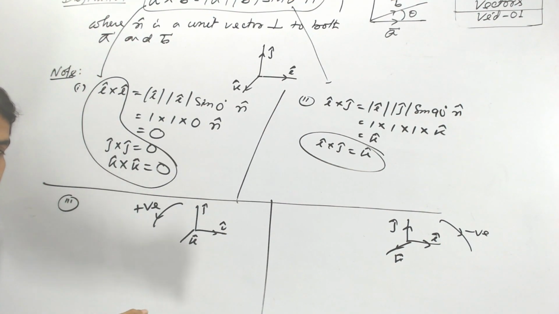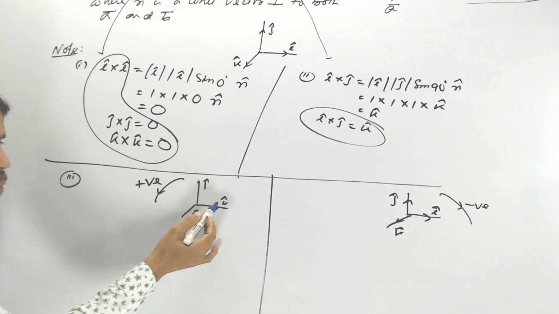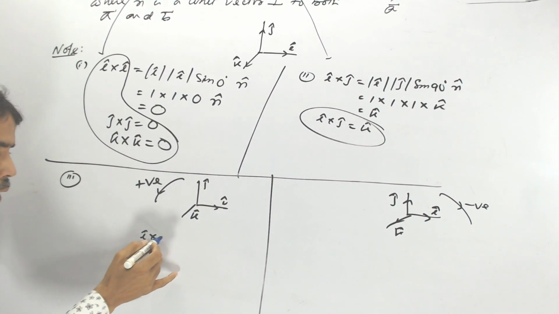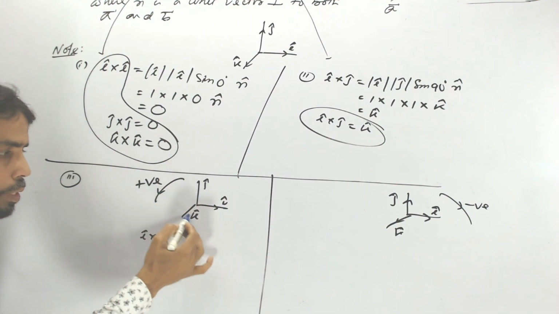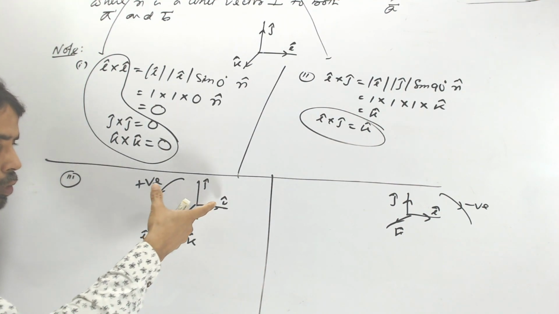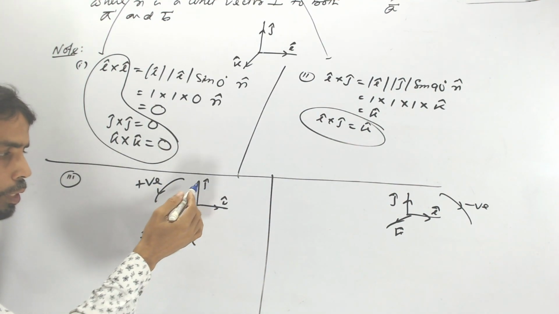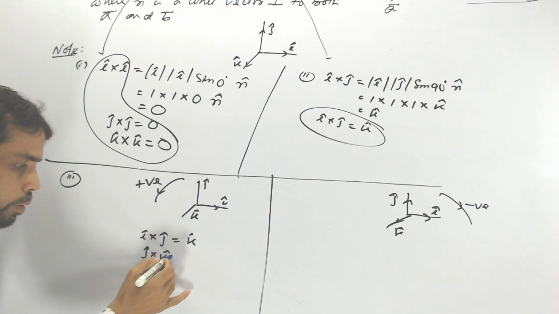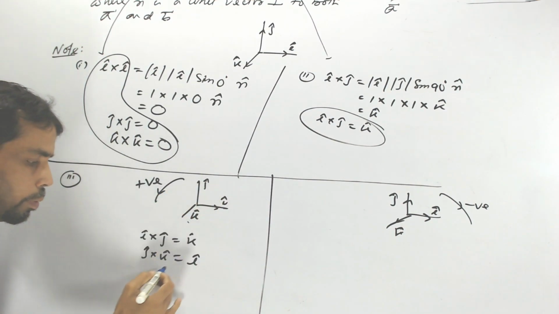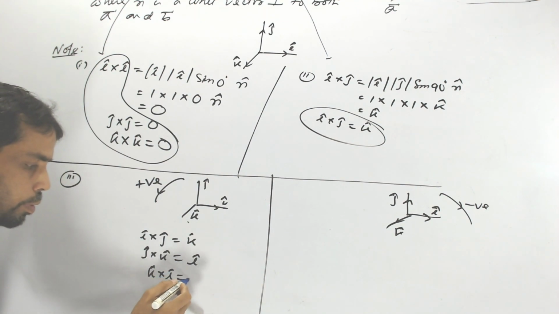What is the meaning? See, anti-clockwise: i cross j is positive, i cross j is equal to k. We are taking the anti-clockwise direction, and i cross j is giving k. Then j cross k will be i, and k cross i will be equal to j.